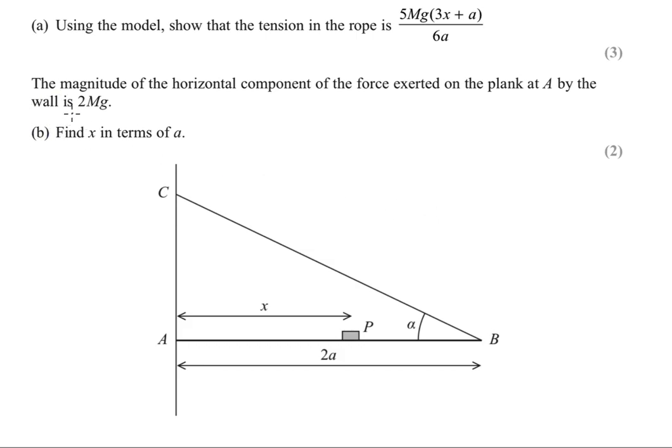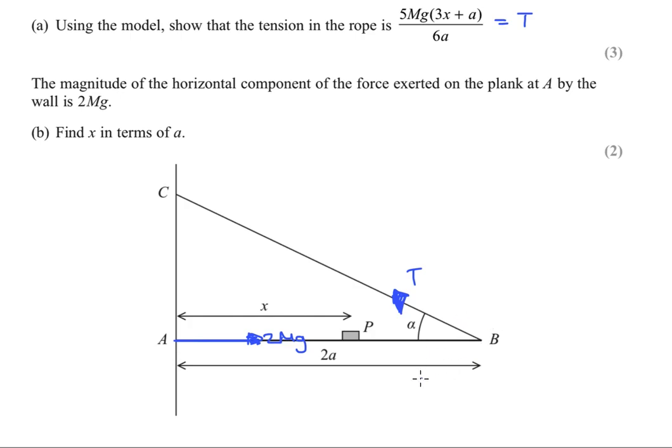Okay, part B then says that the magnitude of the horizontal component of the force exerted on the plank at A by the wall, so that is a force acting inwards like this towards the plank, is 2mg. Find x in terms of A. So what we have, remember we found the tension acting from B to C in part A, that's this.